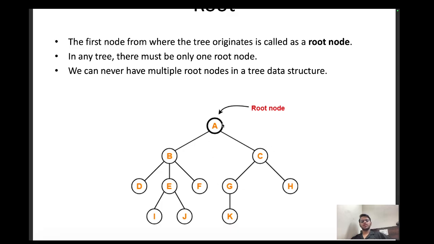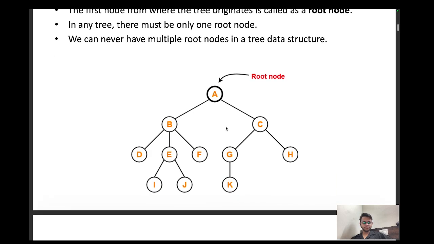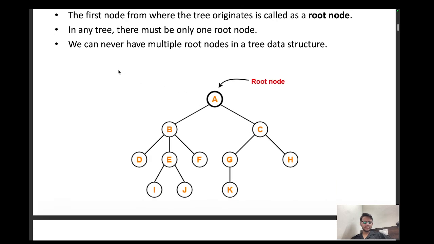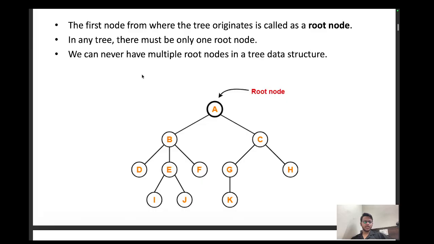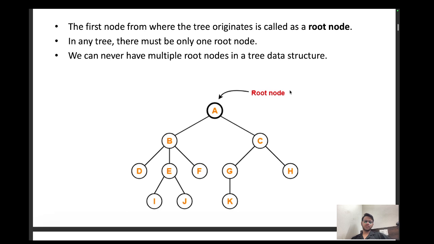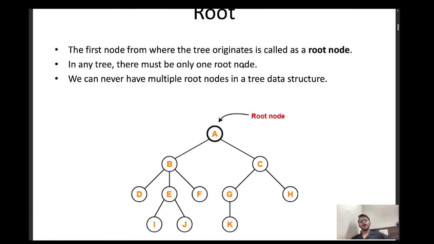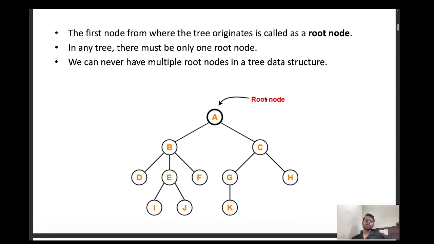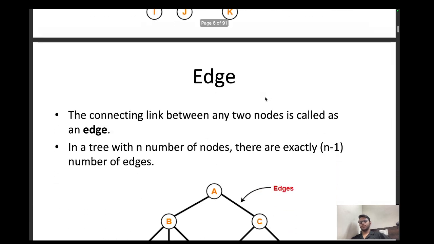The topmost level at which the root node is there is level 3, and it is the root node. It is again a very important point, written as point number 3: we can never have multiple root nodes in a tree data structure. Always remember that there will always be one and only one root node for every tree you make.